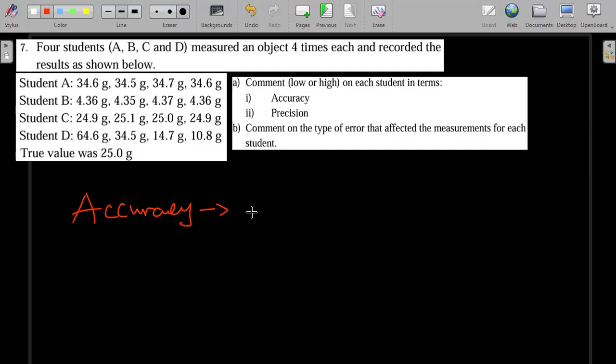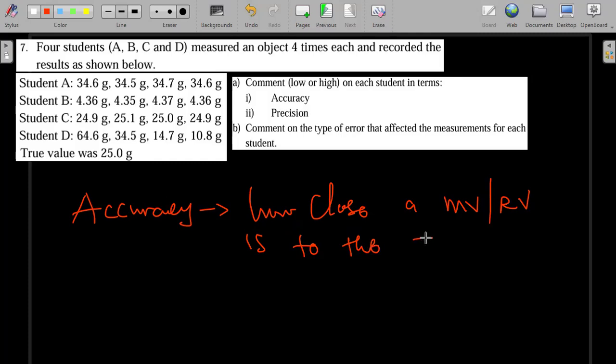Accuracy simply refers to how close a measured value or a recorded value is to the true value or the actual value. So this is accuracy.